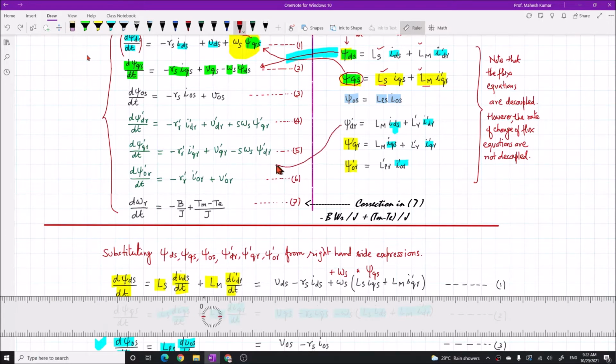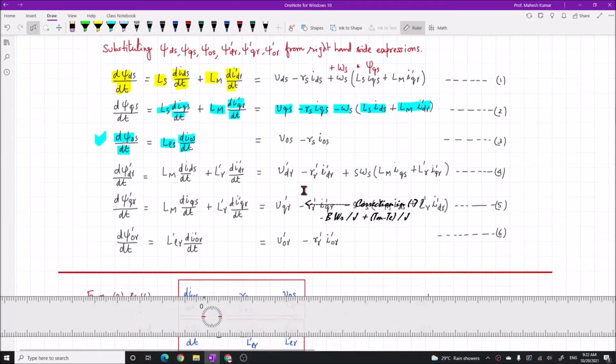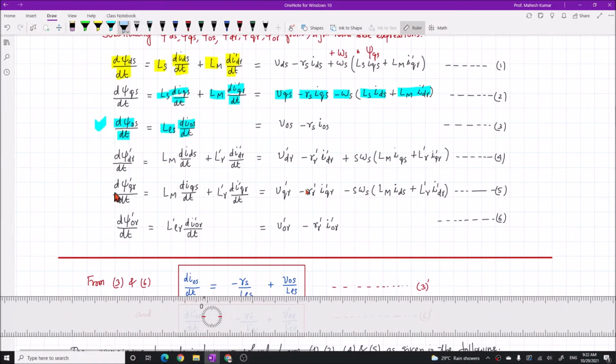Substitute psi dr dash here and differentiate psi qr dash, this one. So d psi qr dash by dt, then substitute psi dr dash, and you will get the fourth equation, which is given here: d psi qr dash by dt equals Lm diqs by dt plus Lr dash diqr dash by dt.